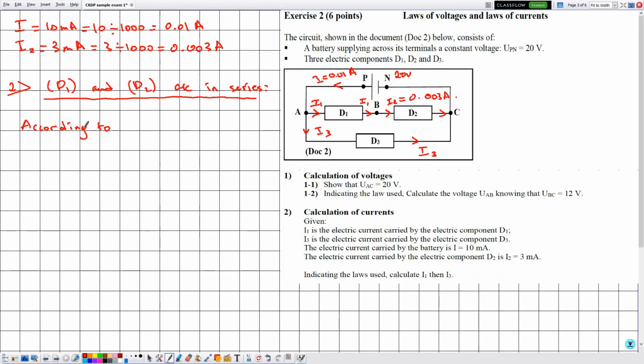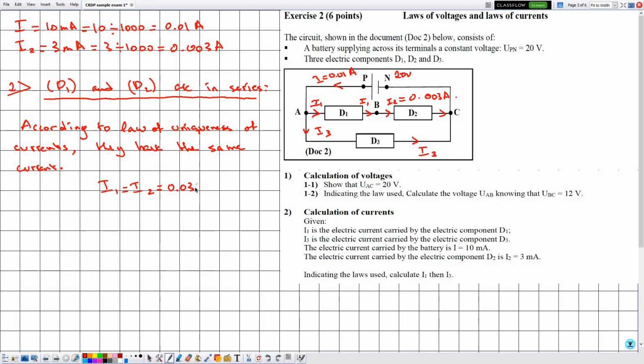They will give you half a mark for this. Let me write it. According to the law of uniqueness of currents, they have the same current. Which means that the value of I1 is equal to the value of I2.